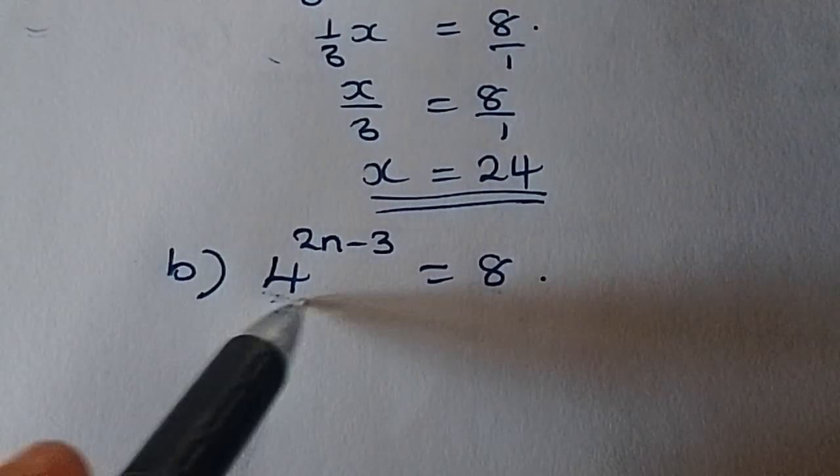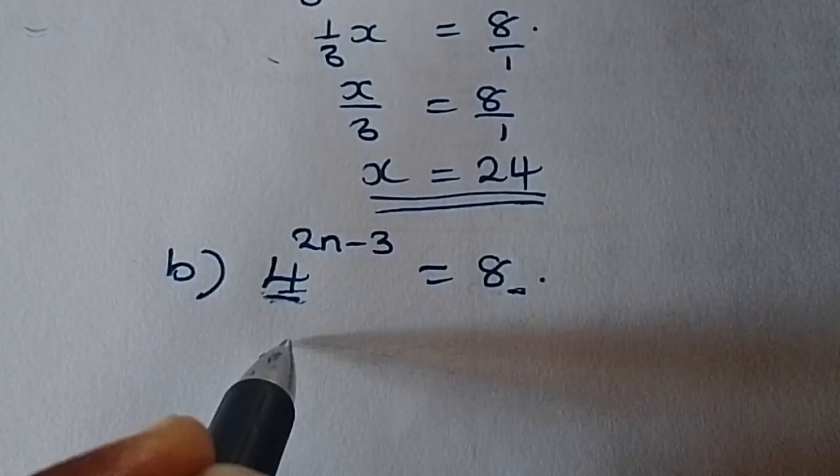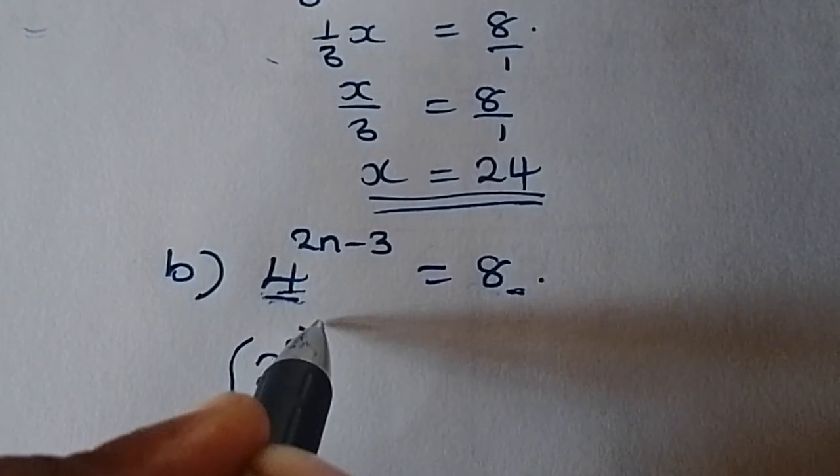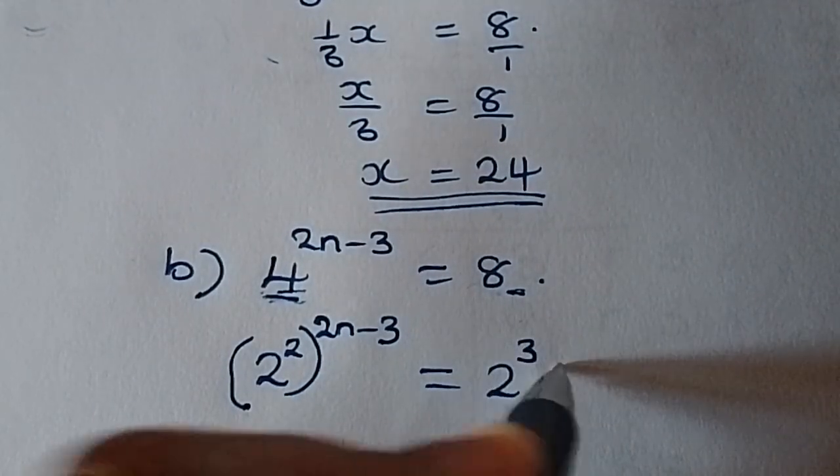Look for something that is common for this 4 and this 8. So we have 2 to the power 2, that's our 4, to the power 2n minus 3 is equal to 2 to the power 3.